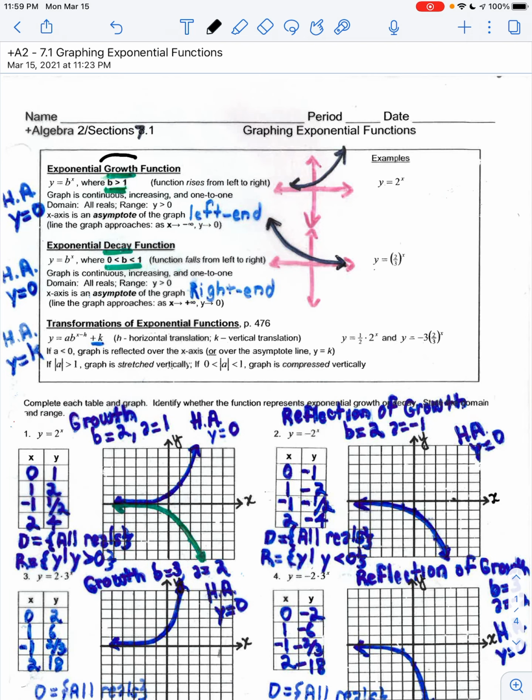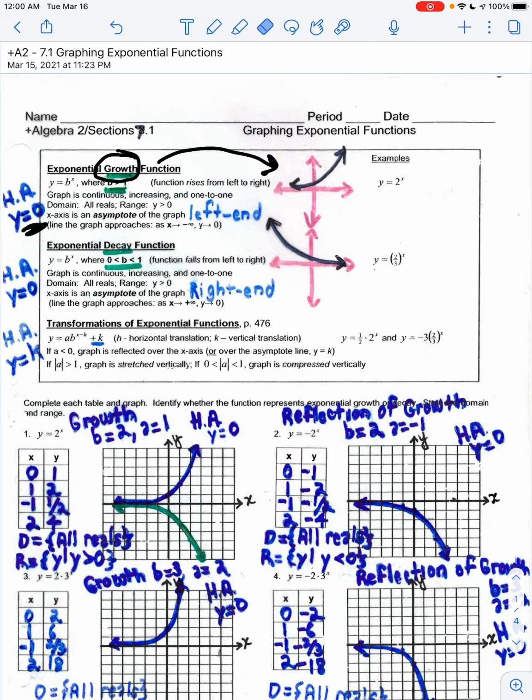First off, an exponential growth function looks like this. You can see the x and y axis, and it is a graph that rises from left to right, and the x-axis serves as a horizontal asymptote, which is the line y equals 0.